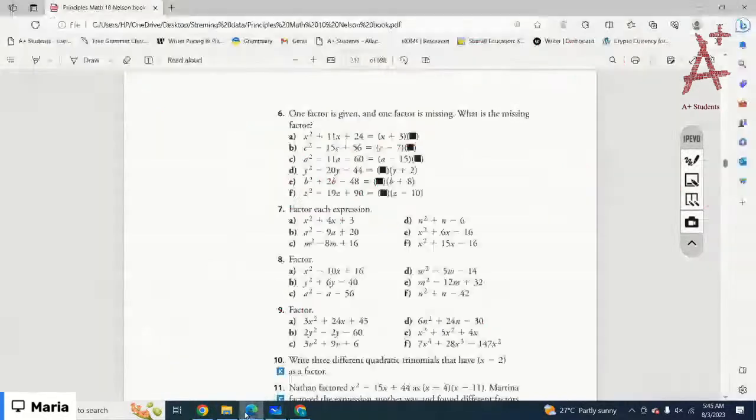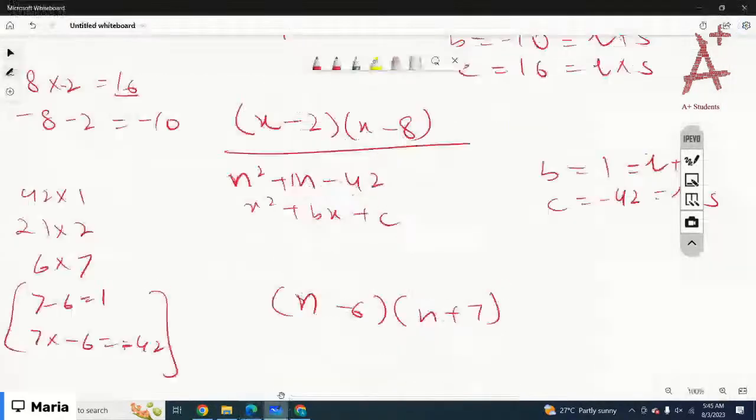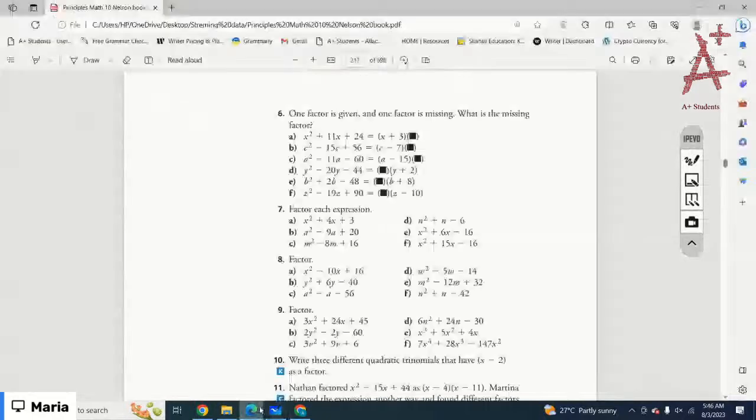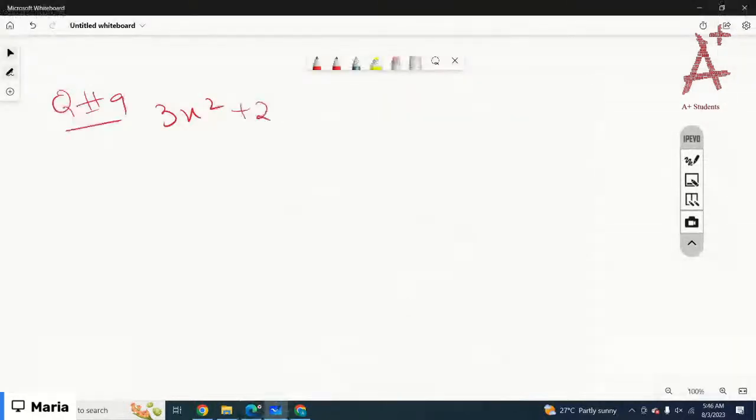Okay, the next one, question number 9: 3x squared plus 24x plus 45. You can see all the numbers are multiples of 3: 3, 24, 45, right?